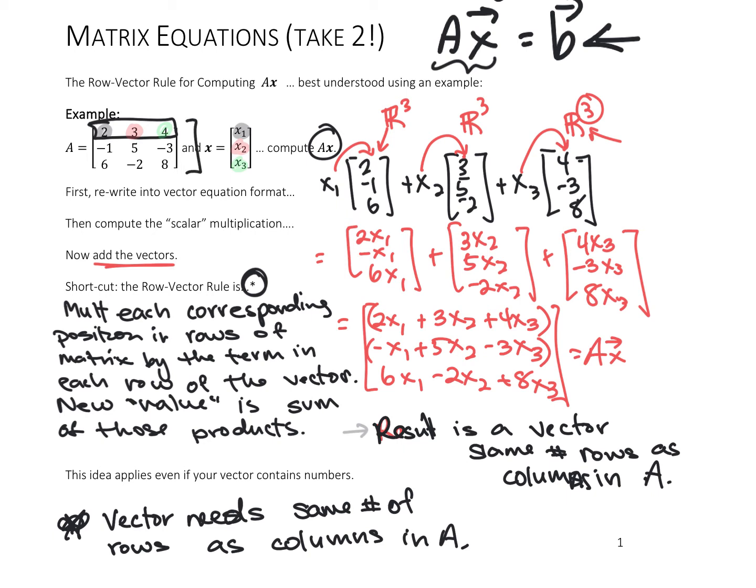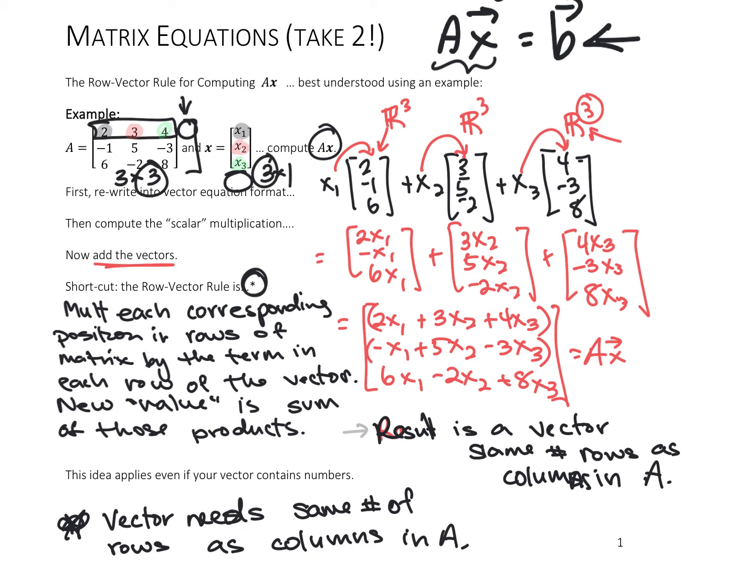So if I had an extra column here in A, I'd have a number hanging out without a variable. So I need to make sure that those things match. Notice here this is a 3x3 matrix, and this is a 3x1 matrix, so there's 3 rows, 1 column, and you'll notice that these numbers have to match up here.